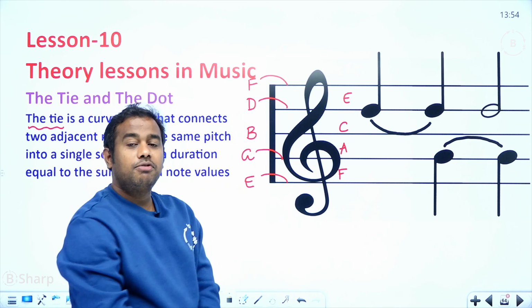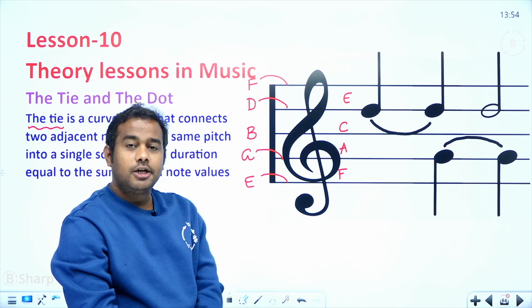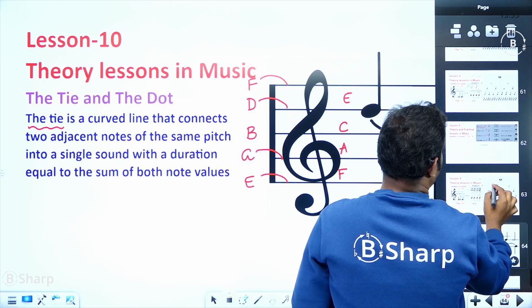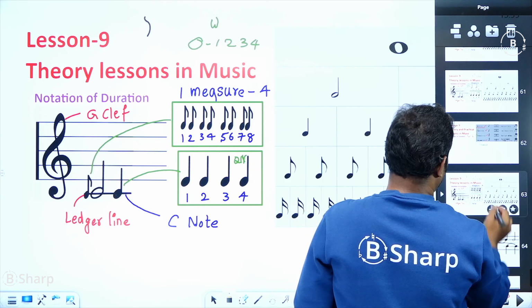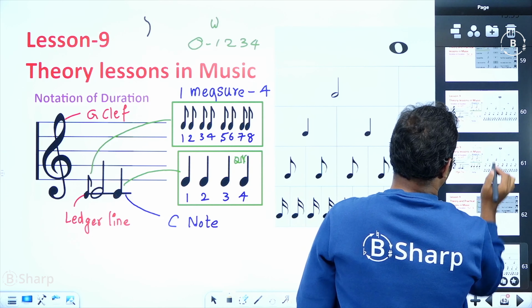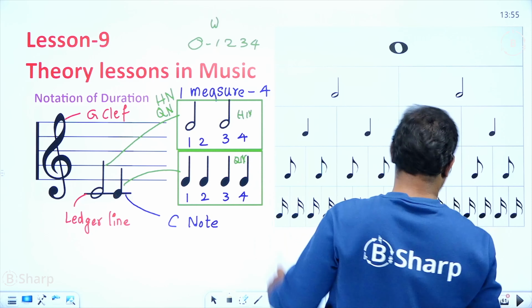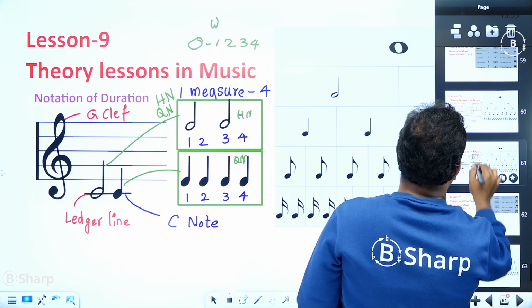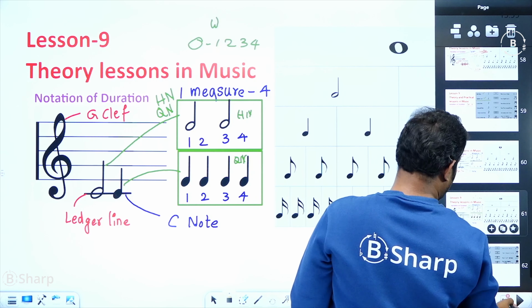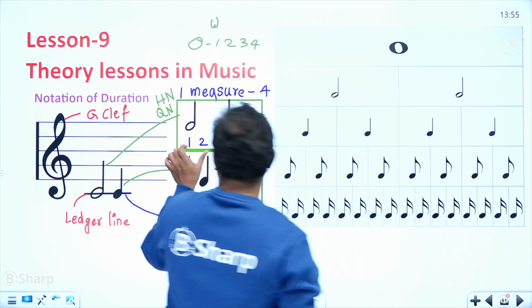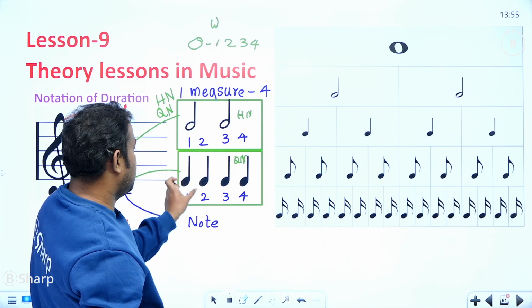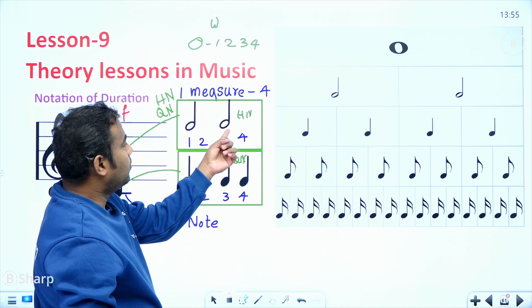I would urge you to go to the previous class where we discussed the concept of notation of duration, the second class, notation of duration part 2. I discussed this topic there, where this quarter note is equal to a half note.